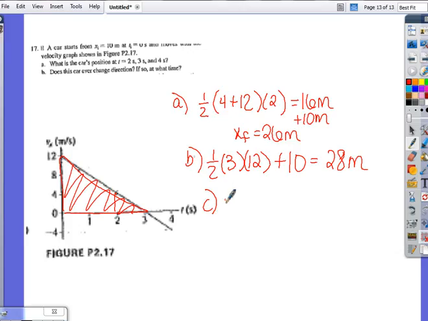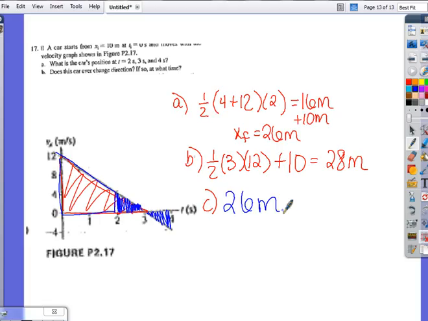At 4 seconds, well, I know that this negative area is going to cancel with this area here. So it's the first area that I found, which turned out to be 16 meters plus 10 meters to give you 26 meters. So that's at 2, 3, and 4 seconds respectively.